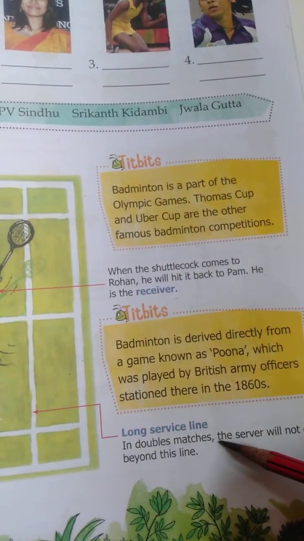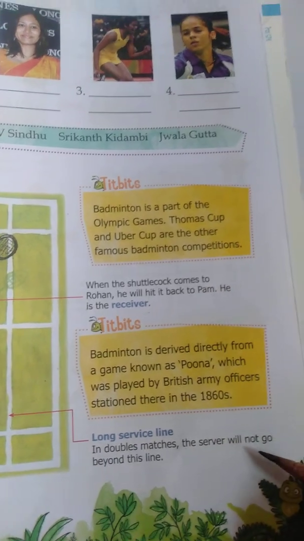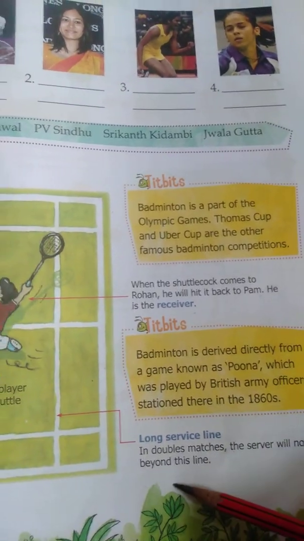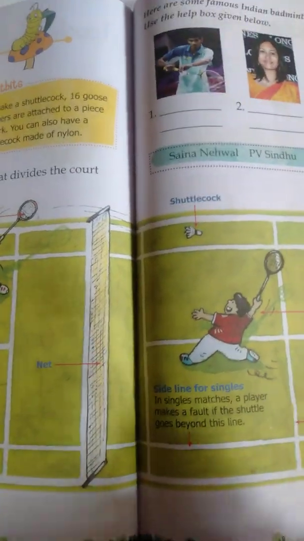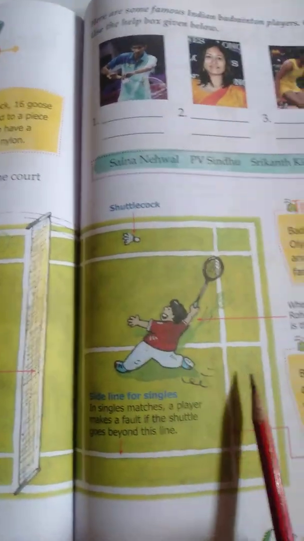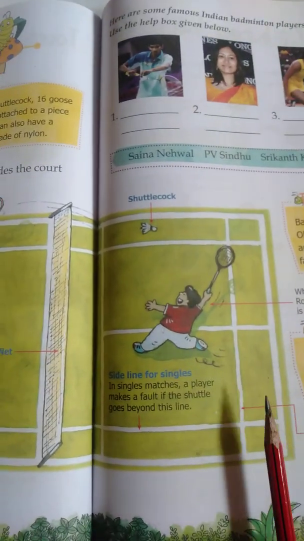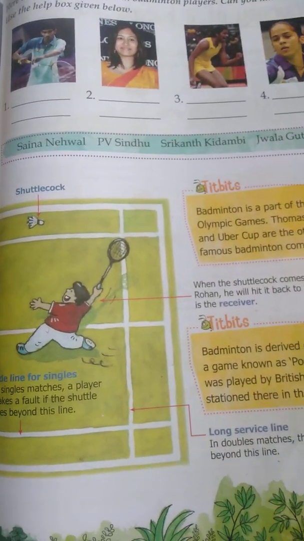In doubles matches, the server will not go beyond this line. When there are two people in each team, one is here and the second is here, and he will not go beyond the line, right?